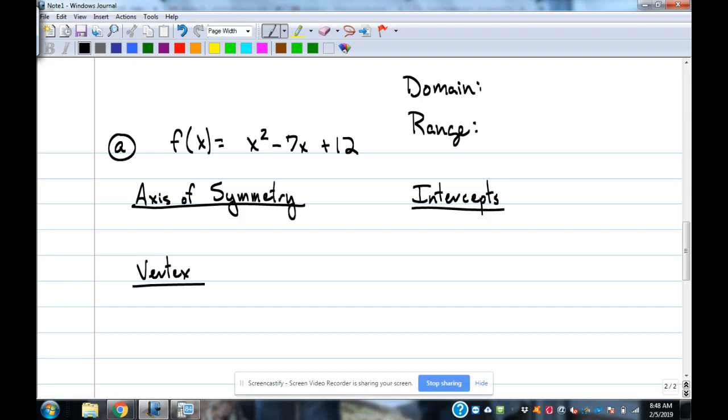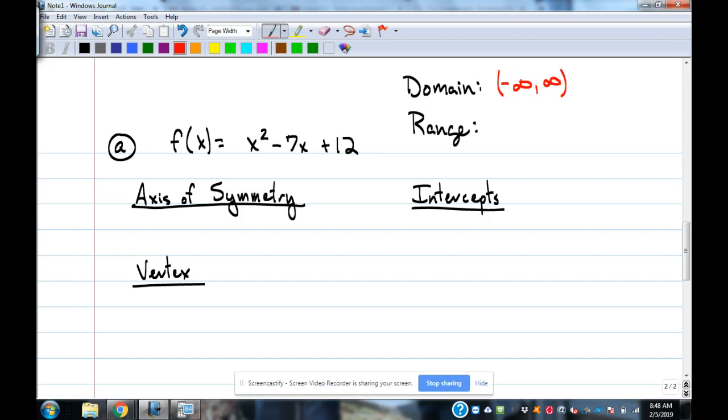Can we tell the domain already? Yeah, what is it? All real numbers, negative infinity to positive infinity. We know that automatically because there's no red flags, there's not a square root in the problem, there's no x's in the denominator, so we automatically know that that's what's happening.